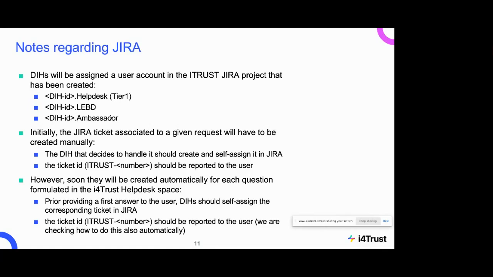You create the ticket manually in Jira associated to that question, assign that ticket to yourself, and then answer in the conversation within the i4Trust space, telling the user, okay, thank you for your question.